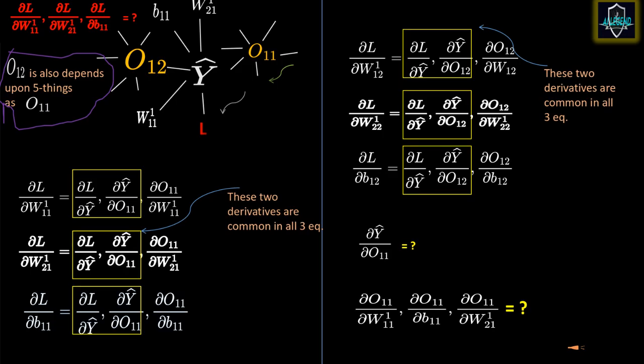So three things we have to find out: del O11 over del W121, del O11 over del B11, then the third term is del O11 over del W111. These three items we have to find out.